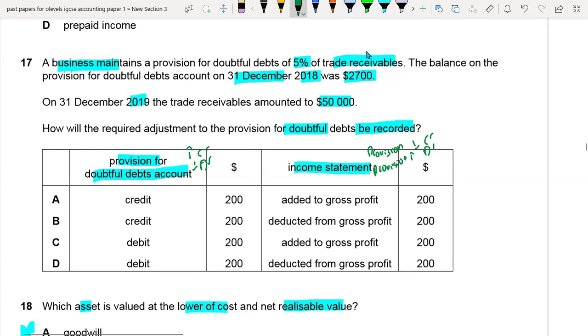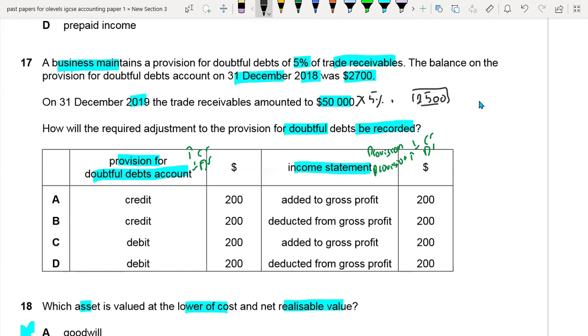So now let's see. First find out what the provision for this year is. So 50,000 multiplied by the rate, which is 5%, is equal to 2,500. So basically 2,500 is the provision for doubtful debts. Previously it was 2,700, so it has decreased by $200.